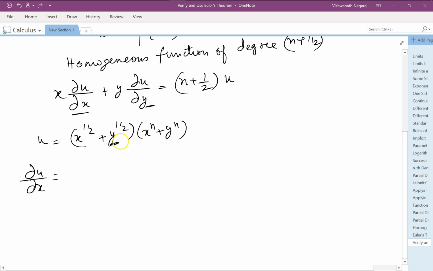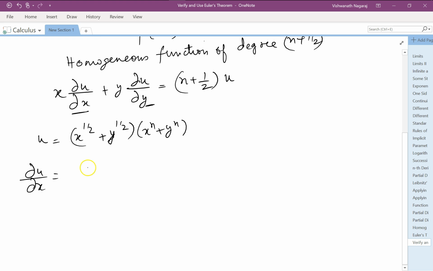So first we keep x to the power of half plus y to the power of half as it is, and differentiate x to the power of n plus y to the power of n with respect to x. So we only have to differentiate x to the power of n.